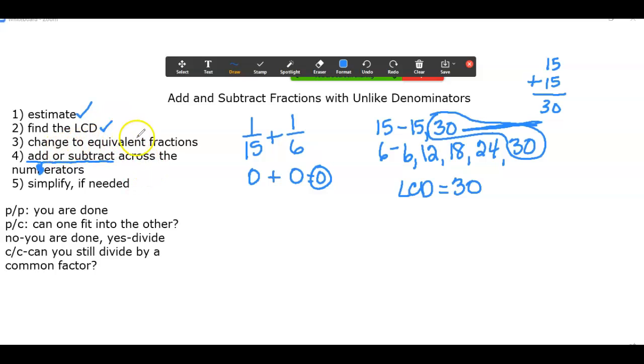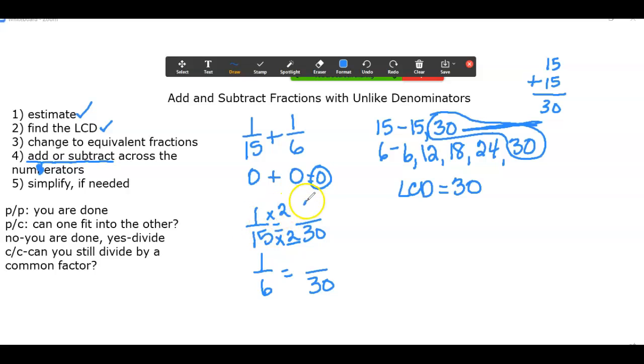So now I change to equivalent fractions. 1/15 needs to be into 30ths, and 1/6 needs to be into 30ths. So 15 times what is 30? 1, 2. What I do to the bottom, I do to the top.